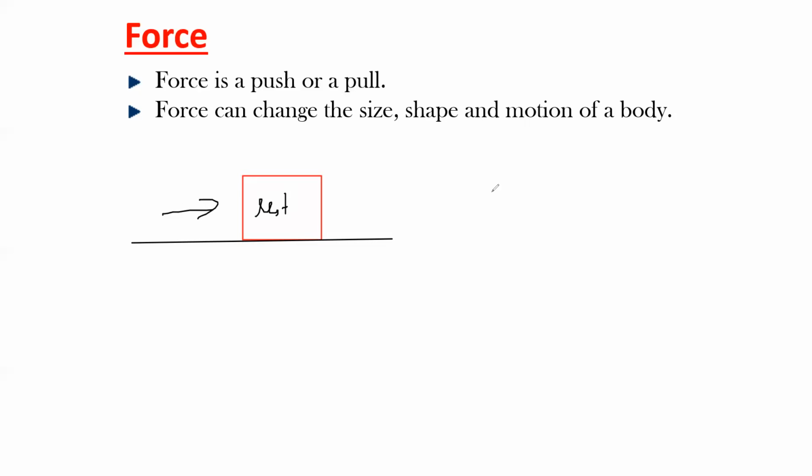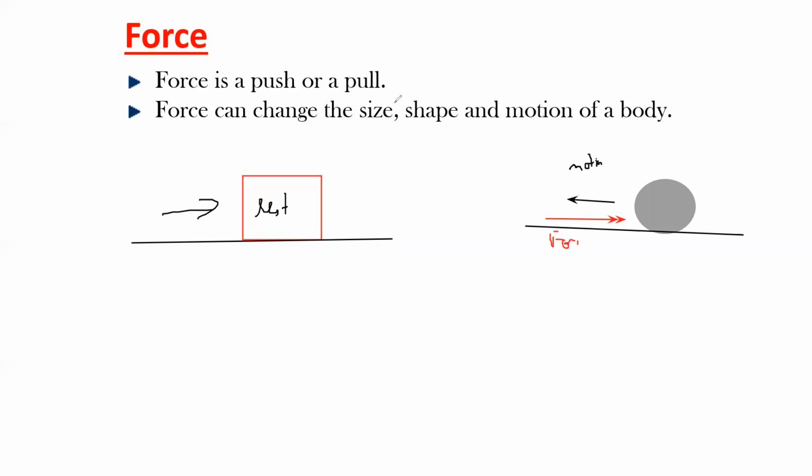Or if something is moving, for example, a rolling sphere on the surface, moving towards you, this is the direction of the motion of this rolling sphere. So by applying a force in the opposite direction, you can stop this moving object.